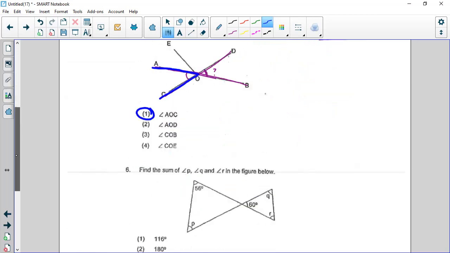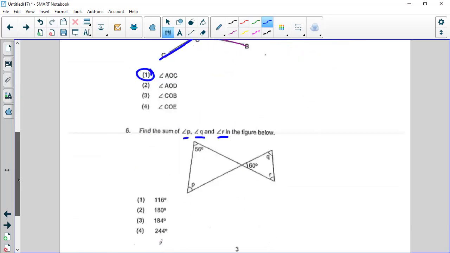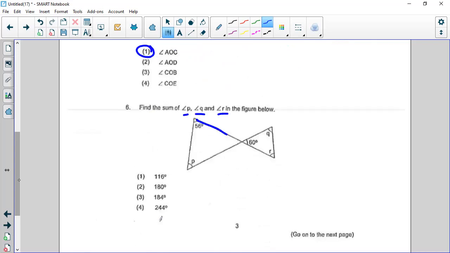Okay, question number 6, a bit harder. What is the sum of angles P, Q, and R? Looks a little hard, huh? But if you think carefully, you can see that there are two lines that cross each other, right? So this angle must be 60.